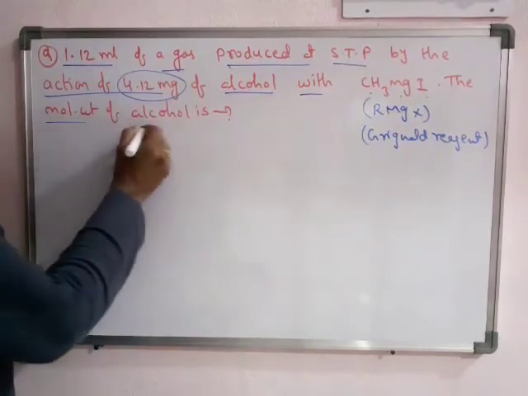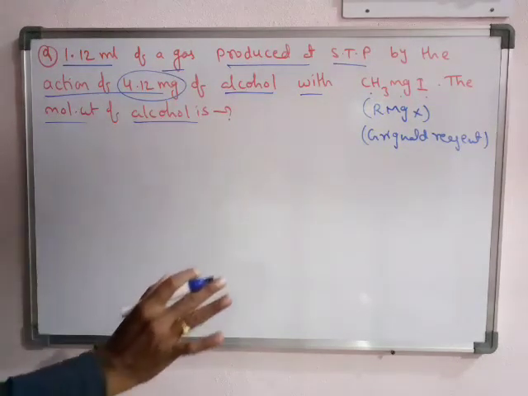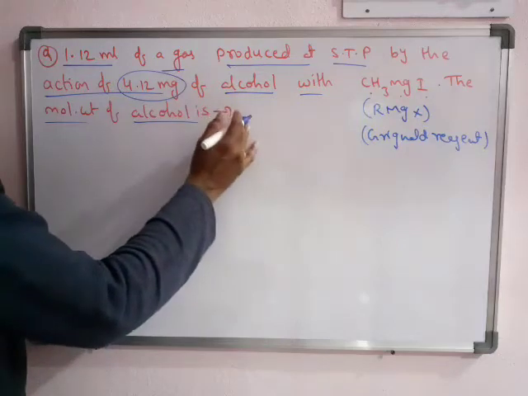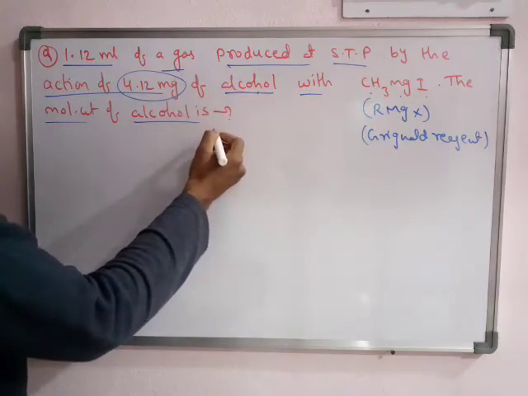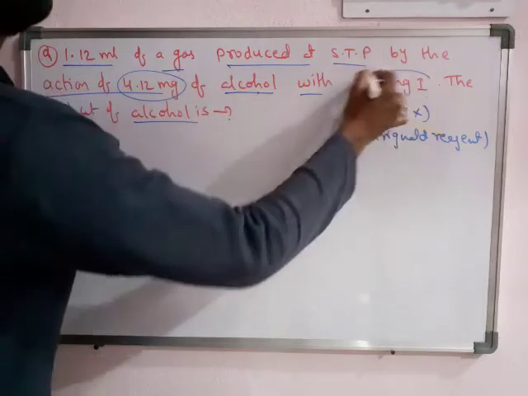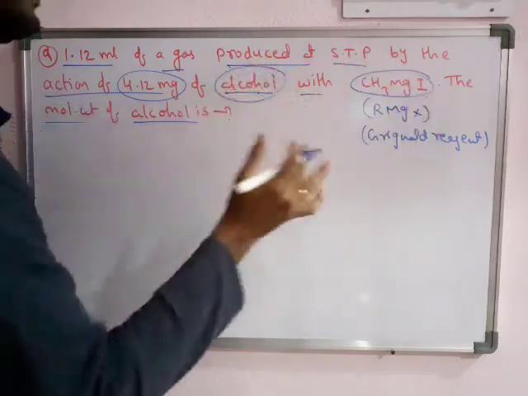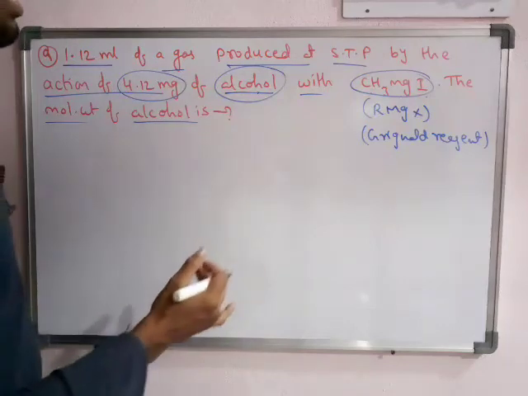What is the molecular weight of that alcohol? Here we can conclude that the reaction of alcohol with methyl magnesium iodide gives a compound, giving a gas.